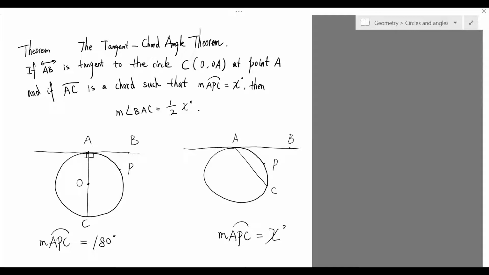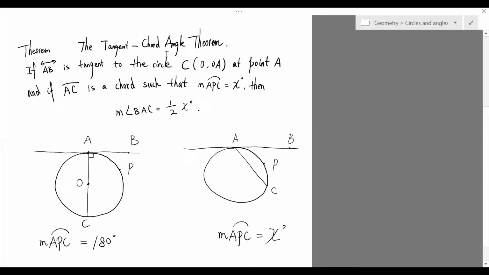On the other hand, the chord is intercepting the circle at a semicircle, which is this APC. When the arc is a semicircle, its measure is 180 degrees, and 1/2 of 180 degrees is precisely 90 degrees.